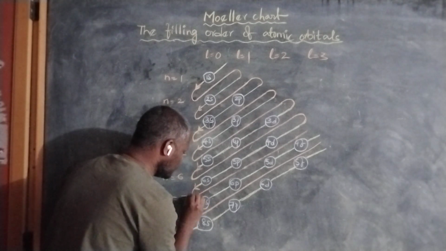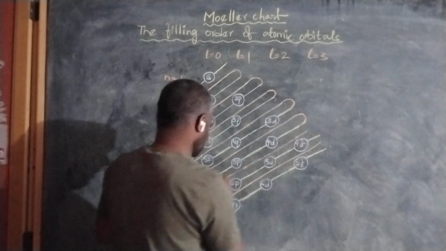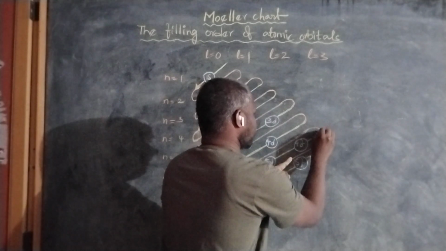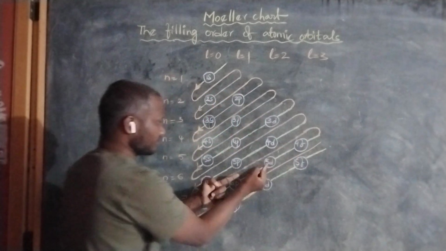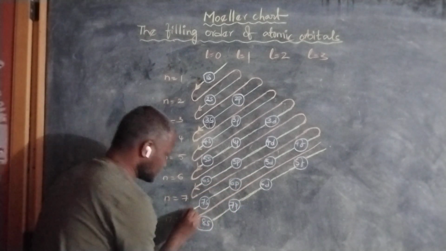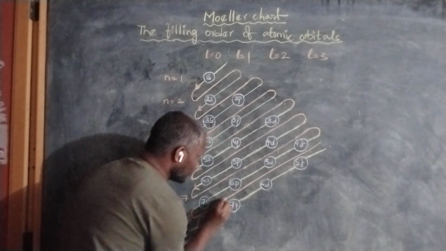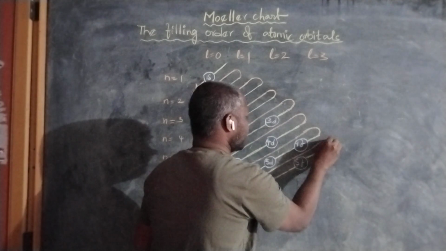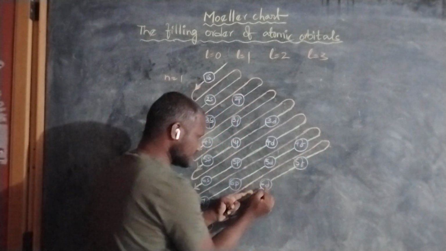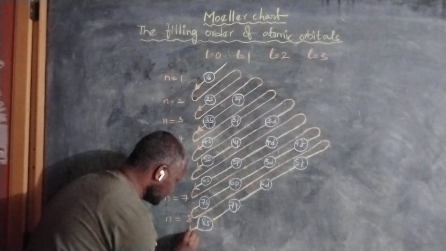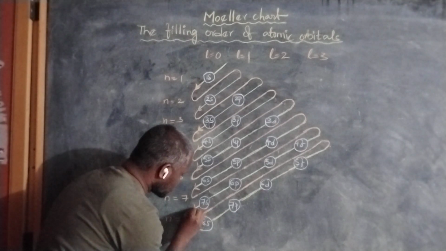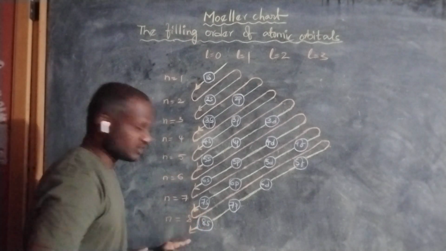From 6s to 4f, 5d, 6p, 7s. From 7s to 5f, 6d, 7p, 8s. These are the arrows.